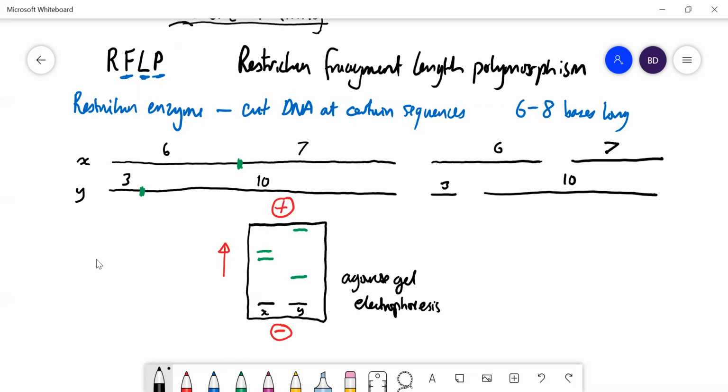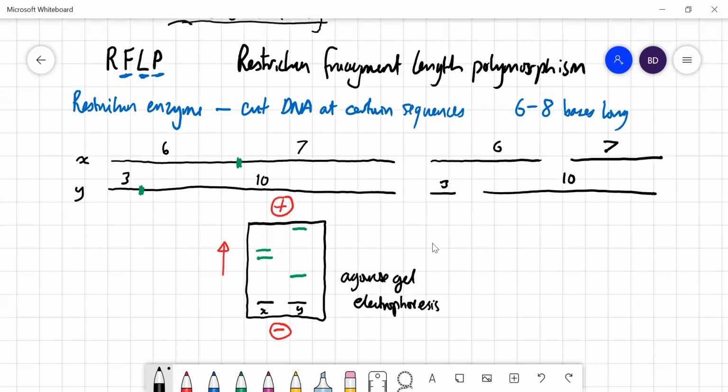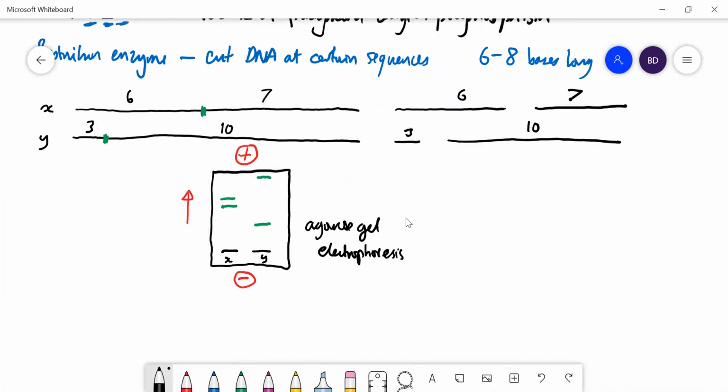If you did that with a human, so you got some human DNA, extracted all the DNA from some cells, ran that on an agarose gel, and treated it with a restriction enzyme, you'd get a smudge like that, because you produce so many different fragments that you wouldn't be able to see what on earth was going on.